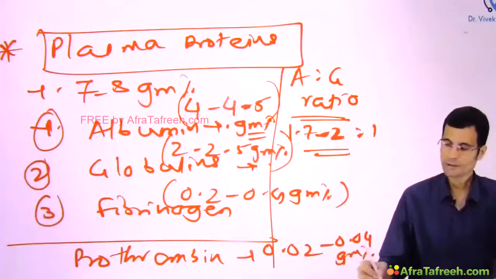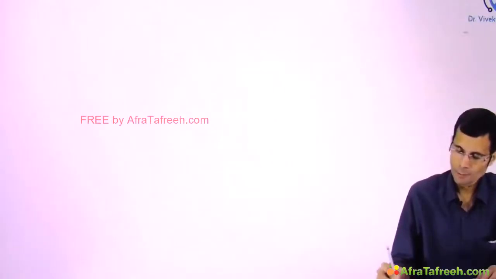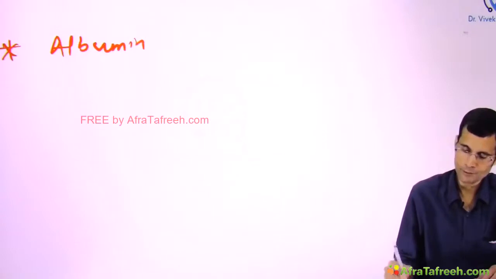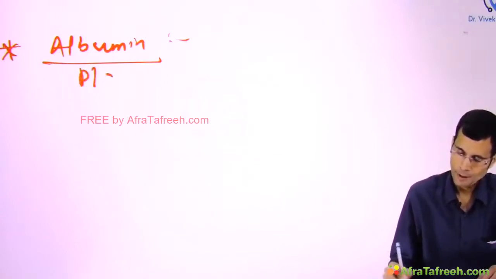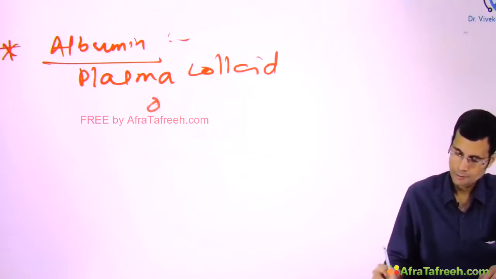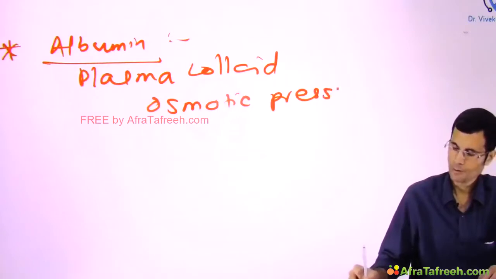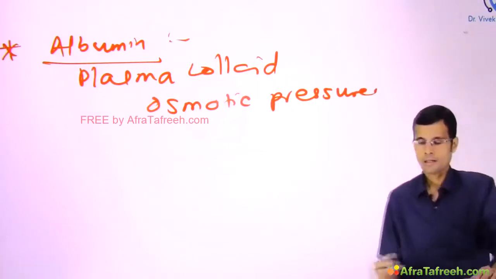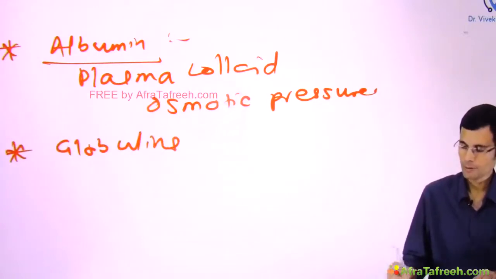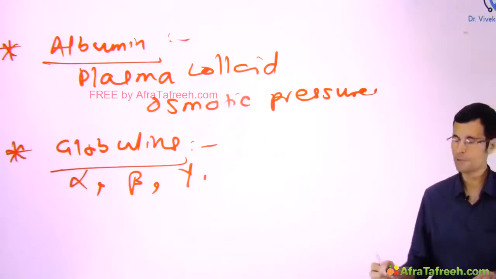What are their functions? Albumin exerts the plasma colloid oncotic pressure, the plasma colloid osmotic pressure. Globulins: there are various types, alpha globulins, beta globulins, gamma globulins.